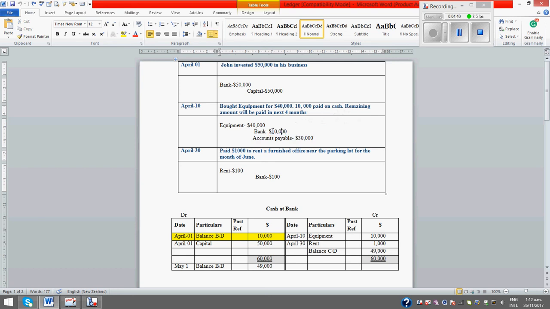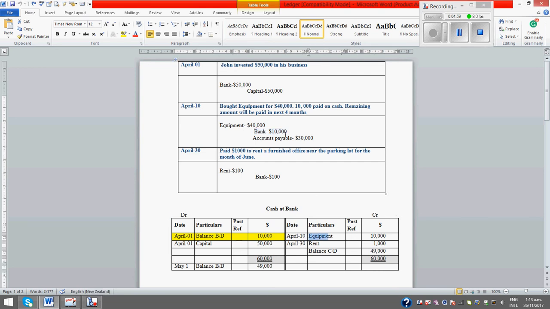So you need to write on the right hand side. The opposite entry of bank is equipment.